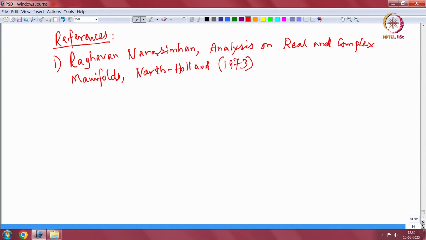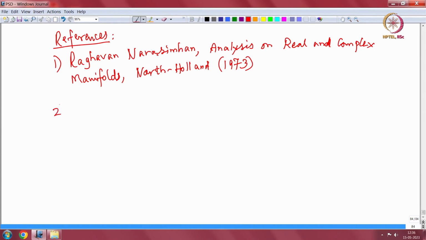In this book you find the development of integration on manifolds, and it also contains a chapter on PDE where some elliptic regularity is discussed, and there is a discussion on Sobolev spaces also. So you can look into that.